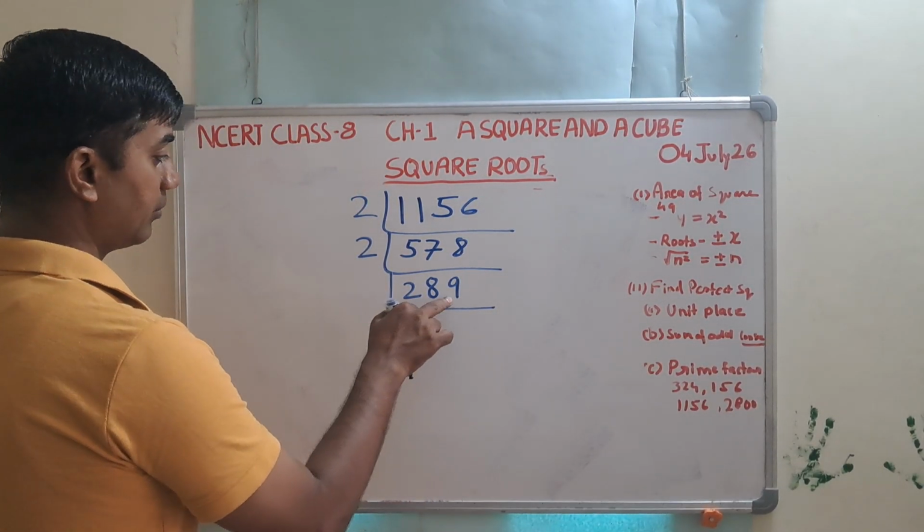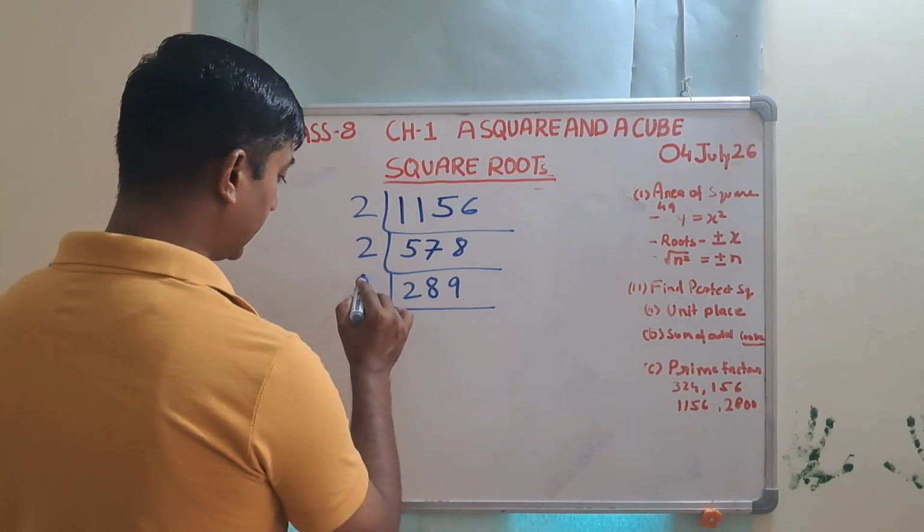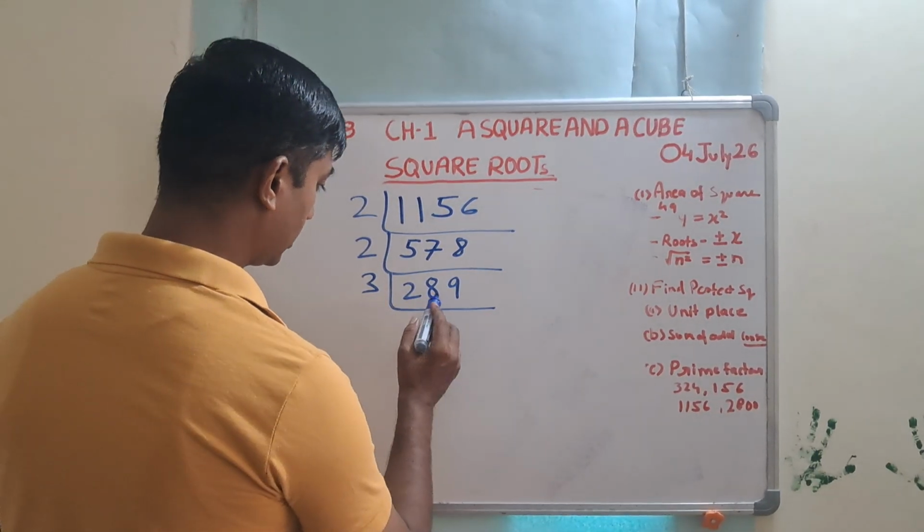Now this number is not divisible by 2, so we will try 3, which is the next prime number.